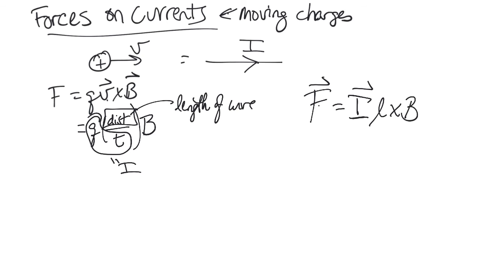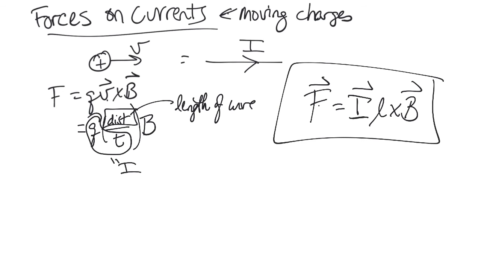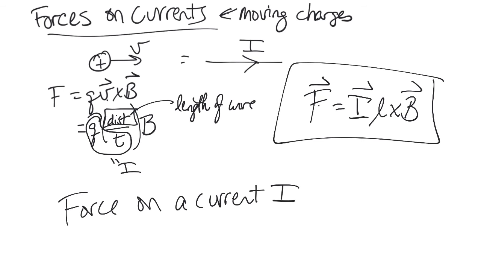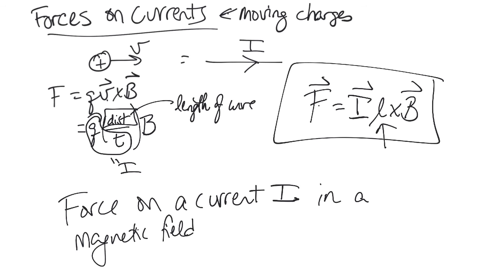So this is how we write it. F equals I L cross B is the force on a current I in a magnetic field with a magnitude B. And then this is the length of wire in the B field.